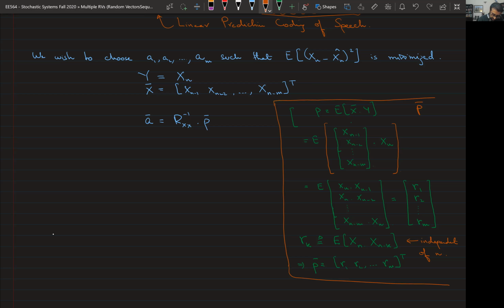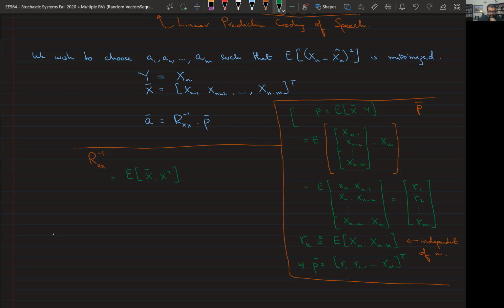Let me just use this space here to talk about our Rxx, right? What is that equal to? This is equal to expected value of X transpose times X, right? Actually, X times X transpose, right?